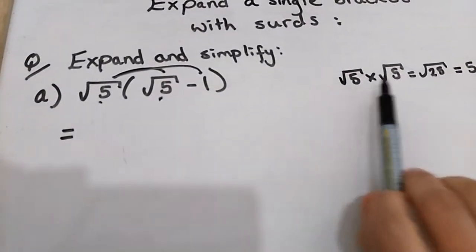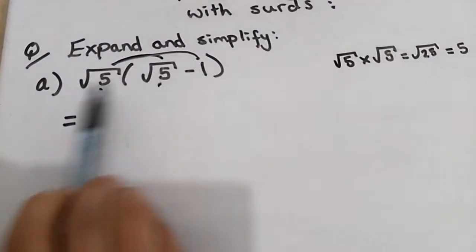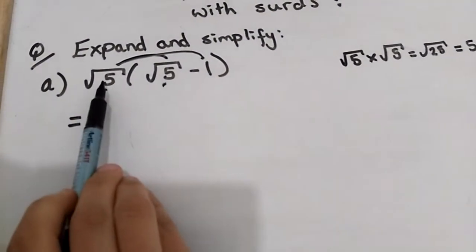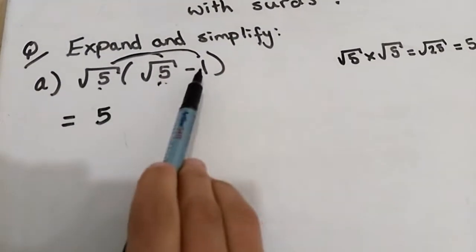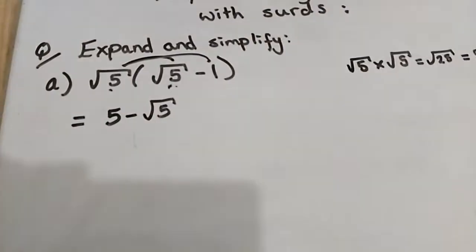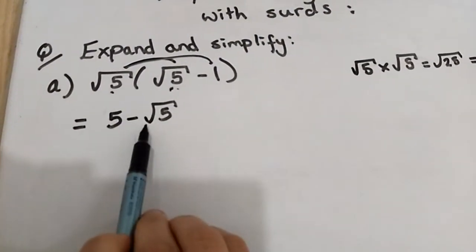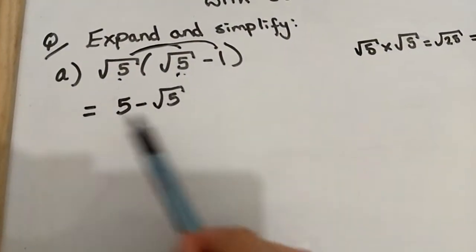So really you can go straight from root 5 times root 5 to 5. So the first answer that I'll write here is root 5 times root 5 is 5. Root 5 times minus 1 is minus root 5, or we can say minus 1 root 5. And that's it. There's no other simplifying that we can do here.